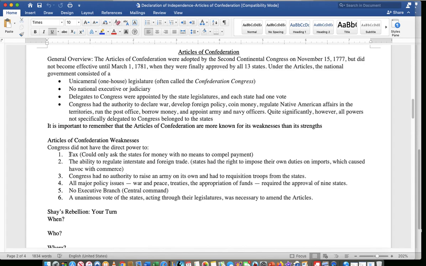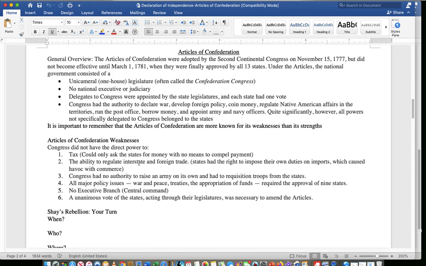I mean, without money, a government's not going to work. And I'd be like, okay, what's the weakness here? Describe to me why this is a weakness. The ability to regulate interstate trade, because these are always number one and number two. You can't raise money and then you can't regulate interstate. And interstate is trade between the states. Intra is trade within a state, but we're talking about interstate, between the states.